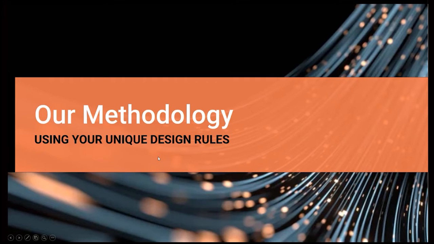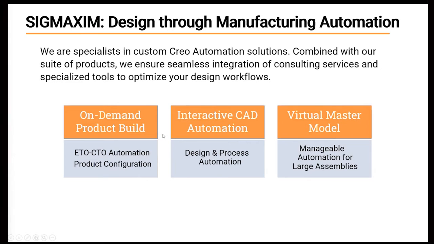Our methodology looks at the different ways that people do automation, and because requirements are so different, we group our practices into ETO to CTO types of automation, engineer-to-order and configure-to-order products. We call this one our on-demand product build. The idea is we can automatically build products in Creo from input, without user interaction, by following rules of how to build these products.